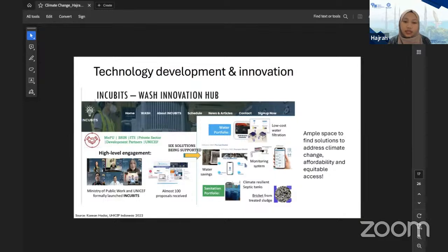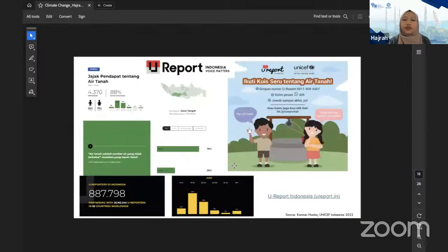They created a monitoring system for water saving, briquettes from treated sludge, a climate resilient septic tank, and also a low cost water filtration. These are all innovations from students in Indonesia in order to overcome the problems in water, sanitation, and also climate related issues.